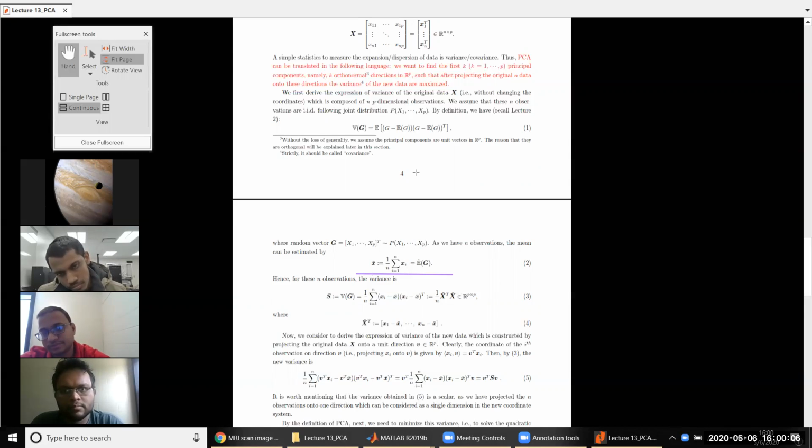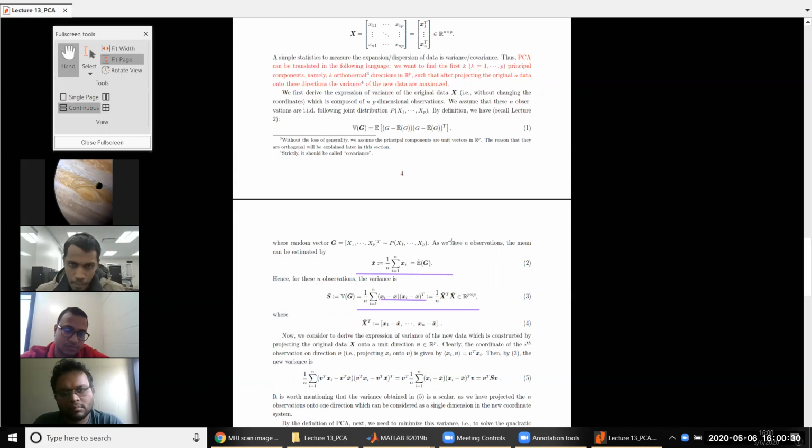Now I use this formula. For each xi, I can estimate the variance in this way. And now for the total n observations, I can estimate it in this way. Why? Because I assume they are i.i.d., identically and independently distributed, following the same distribution.